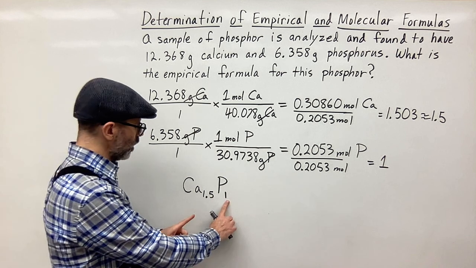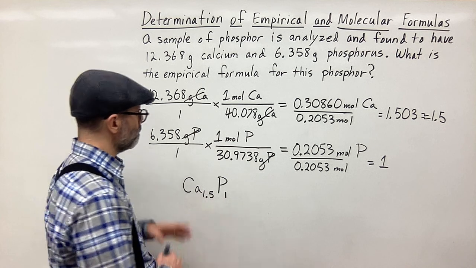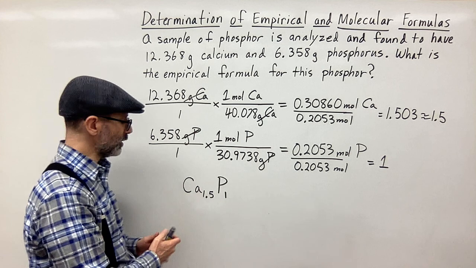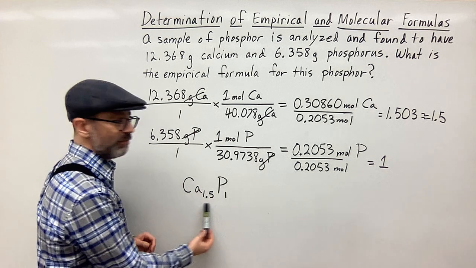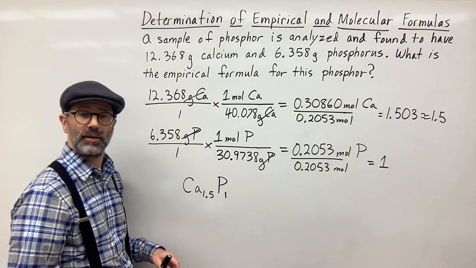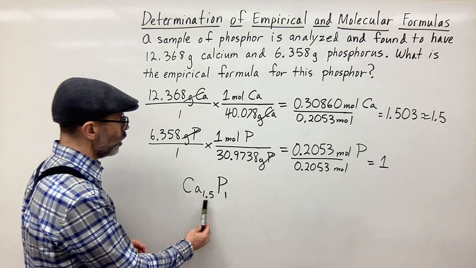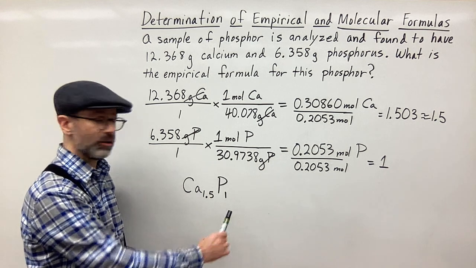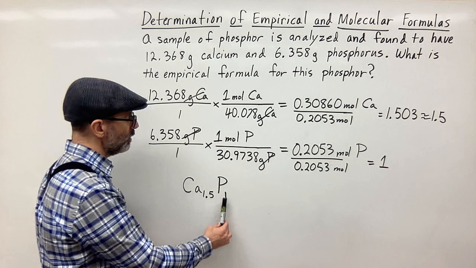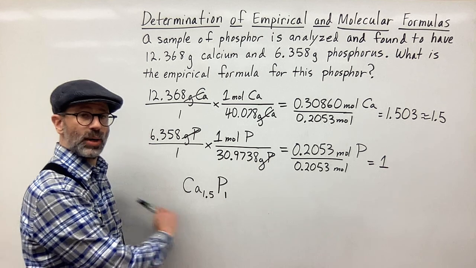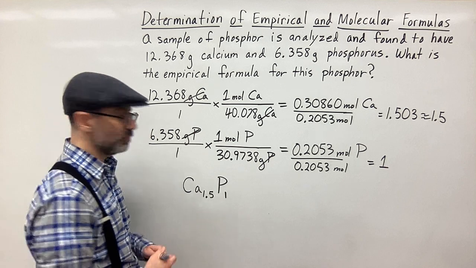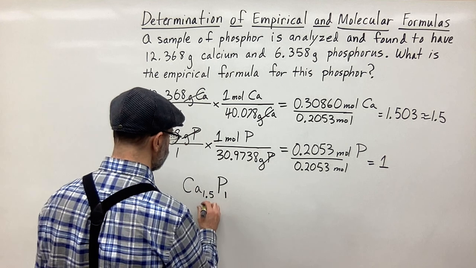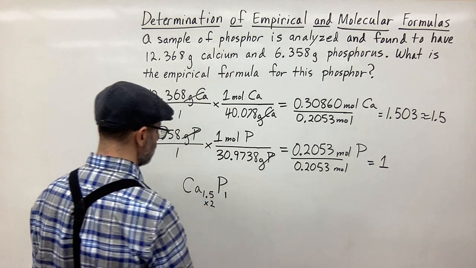The ratio is 1 to 1.5. So we need to multiply everything by the same factor. So how do you get rid of a half? Multiply by 2. So if I multiply this by 2, then I can get rid of the half. But if I multiply this by 2, then I multiply this by 2 as well. So everything gets multiplied by 2. So 1.5 multiplied by 2 is 3.